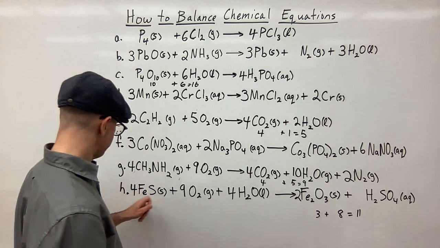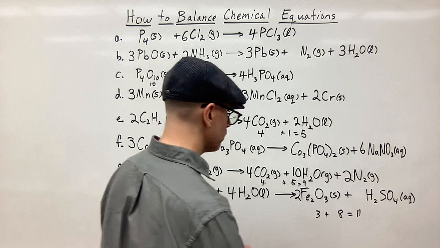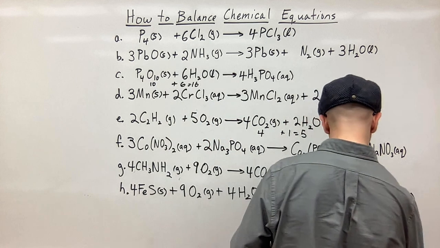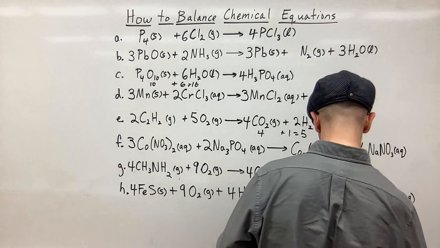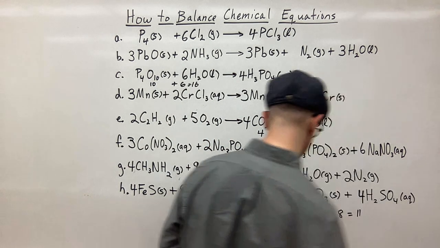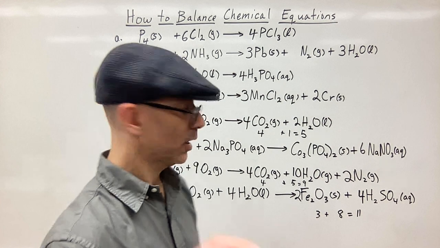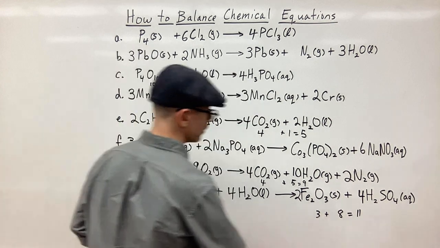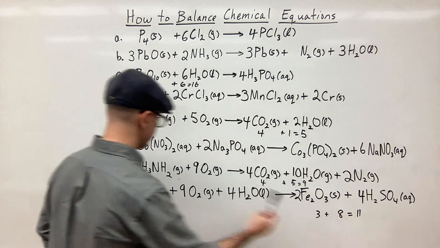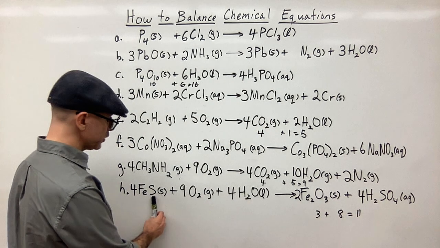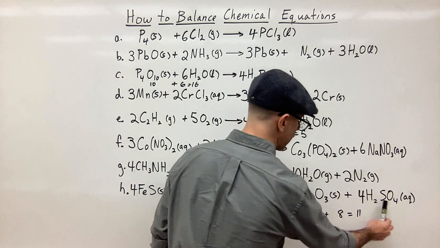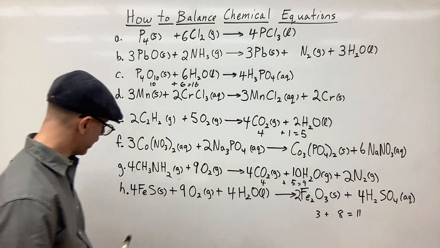Let me double check. And so this should be 4. Okay, let me double check. Yep, that's right. All right, so then 4 times 1 is 4. 4 times 1 is 4. So my sulfurs are balanced.